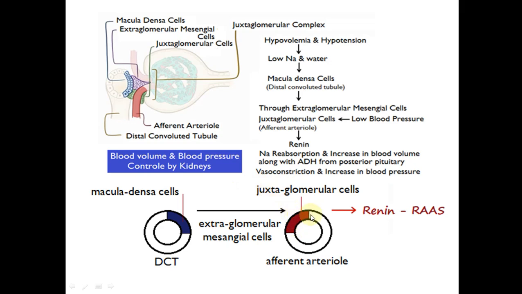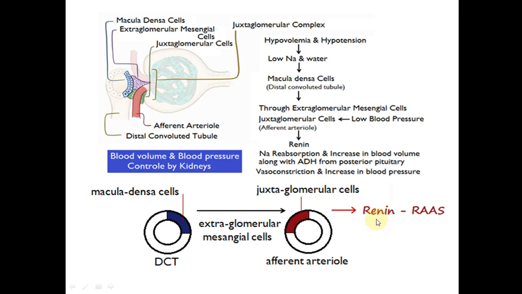juxtaglomerular cells then secrete the hormone renin, and this renin will convert angiotensinogen into angiotensin 1, and that will be converted in the lungs by the angiotensin converting enzyme into angiotensin 2.